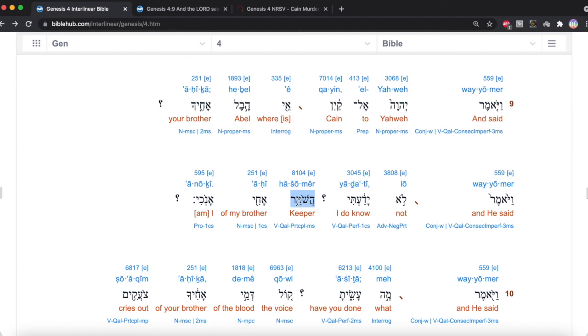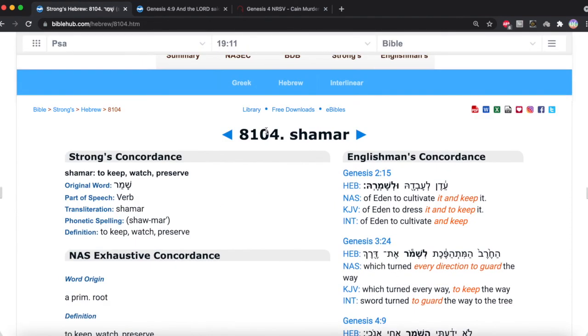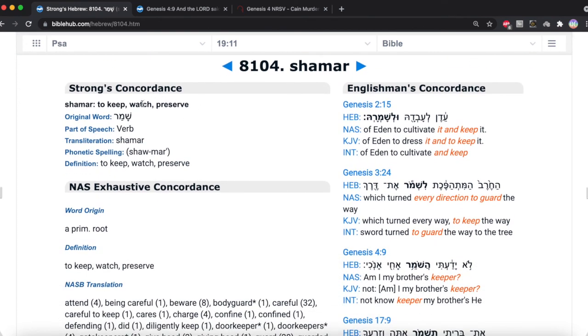But if you remember what we do here, we find the word keeper that we wanted to look at, and we click the number that will take us to Strong's Concordance. That's all that number stands for, right? So they're telling us that the root of this word that's getting used is, interestingly enough, a verb.